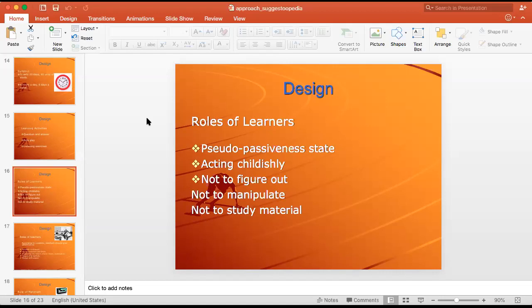So their role becomes active, but they do not have any role in selecting the reading material, and they don't have any role to figure out about the teaching that is going on, right? They are passive as far as the selection of the reading material, creation of the activities is concerned. They are not even given homework, right? In that way their role is passive.